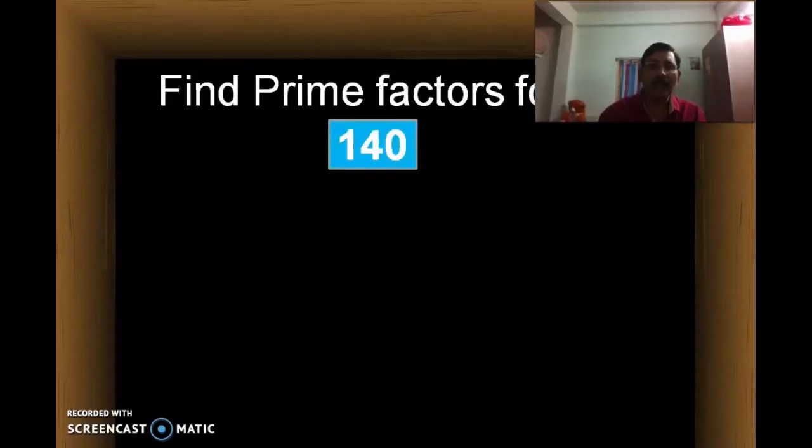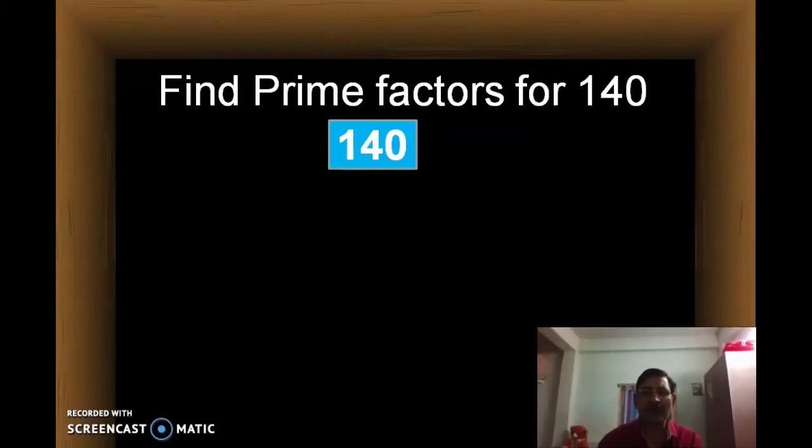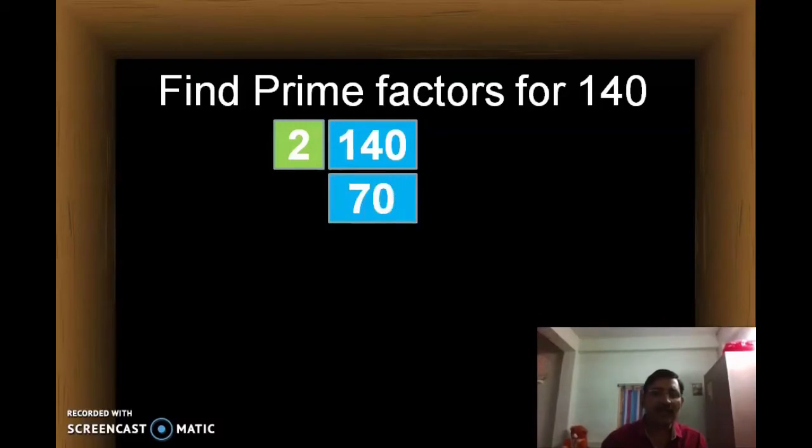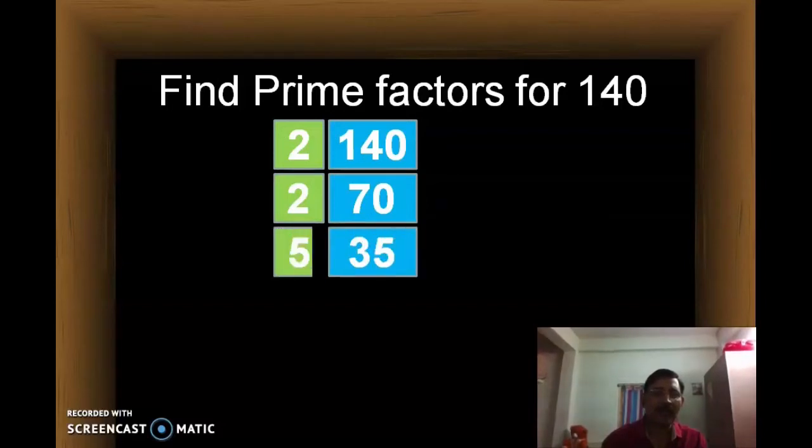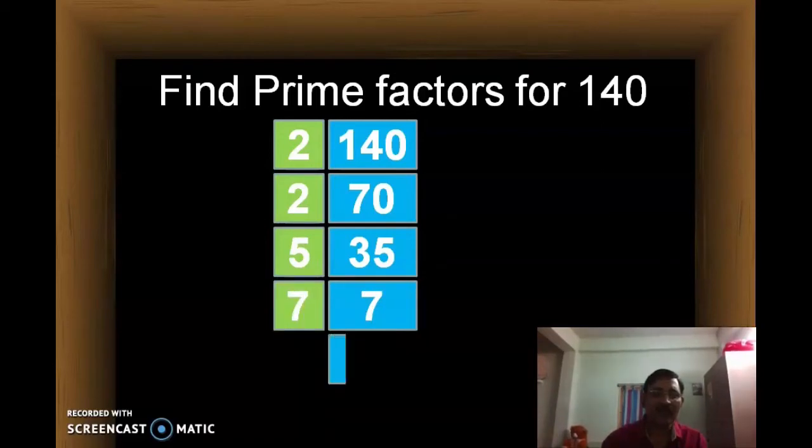Now let us see the prime factorization of some numbers. For example, find the prime factors for 140. How can we find prime factors for 140? Simply, we first divide it by 2, then we get 70, again 70 divided by 2, we get 35, and again divide this by 5, you get 7, and 7 divided by 7 gives 1.